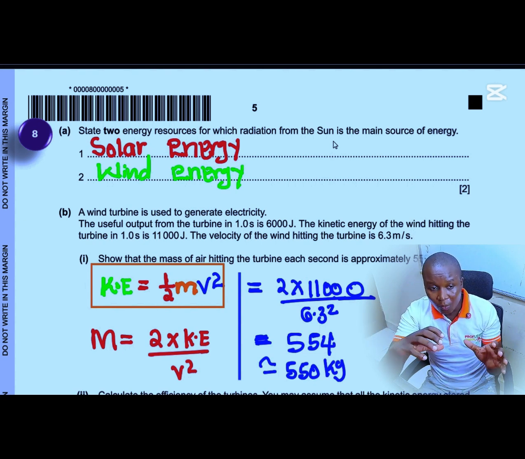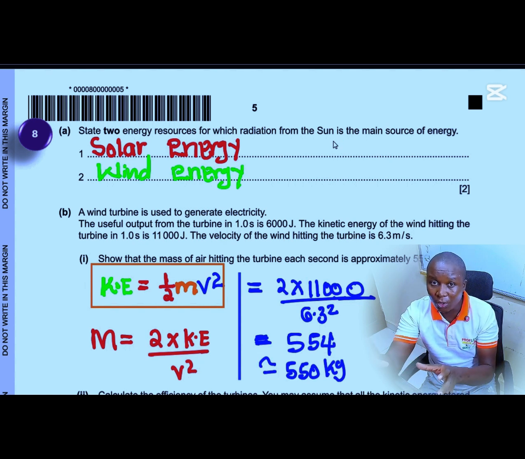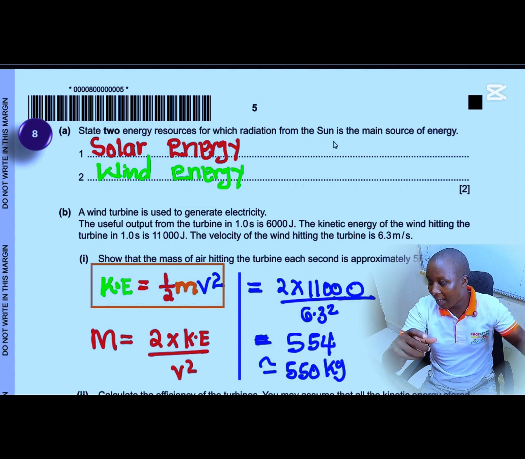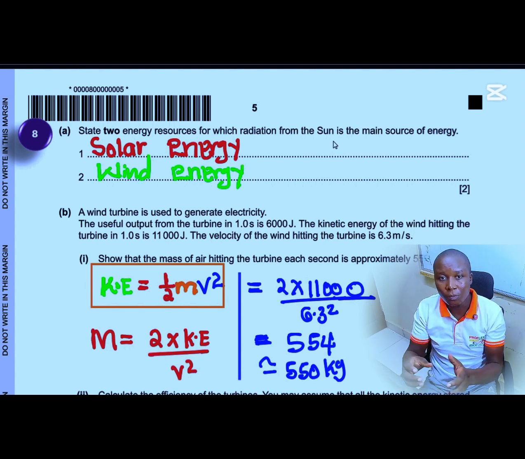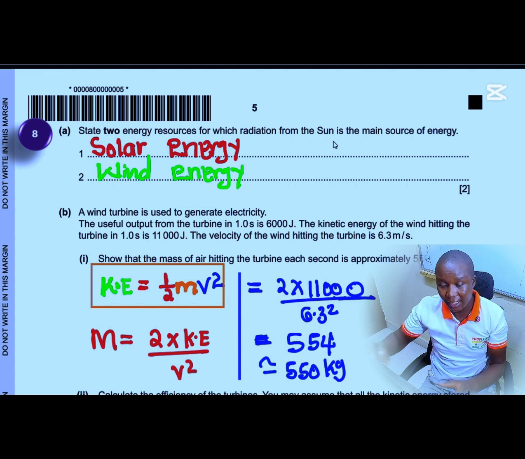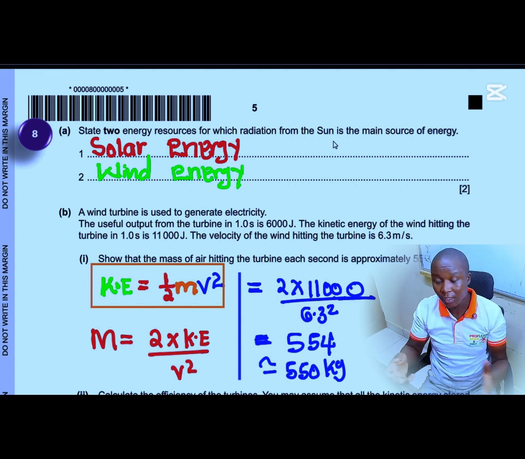So regions where the sun hits most, where there is a lot of thermal energy, the air around there will become less dense and rise up. Then dense air will move to replace the less dense air that has risen. So we are going to have wind flowing.